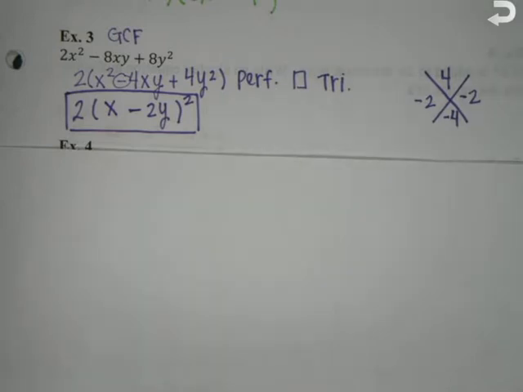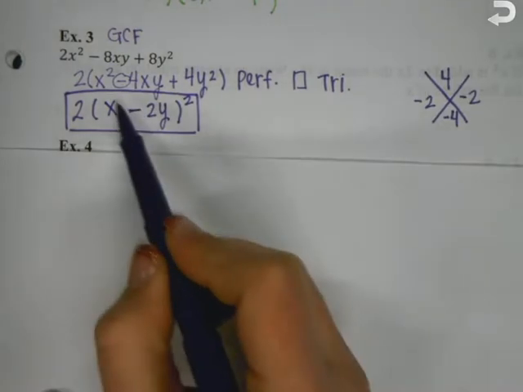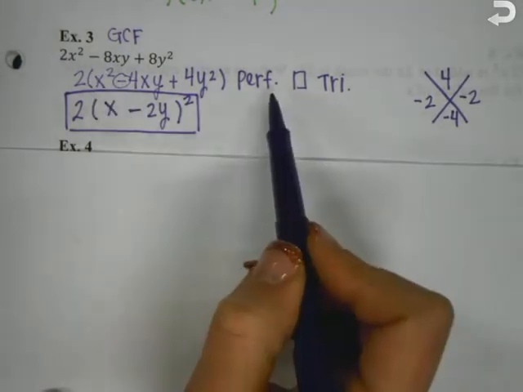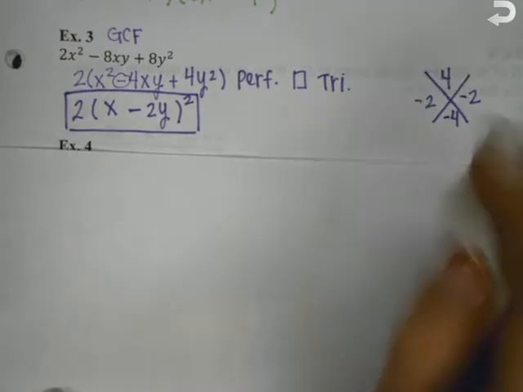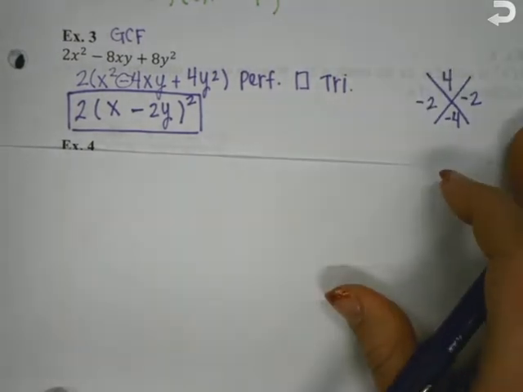When they give you trinomials that have really big numbers, a lot of the time it's going to end up being a perfect square trinomial. So it's really helpful to be able to recognize it. Questions on that?